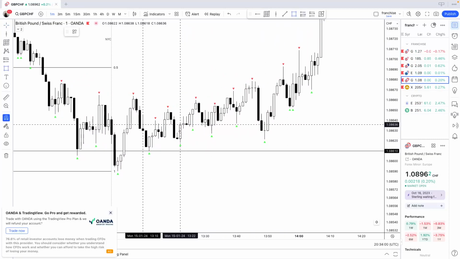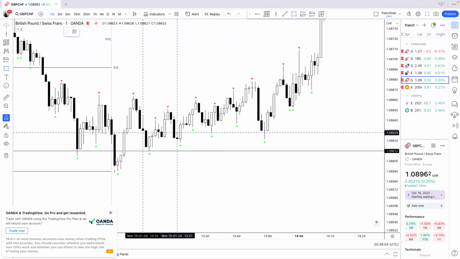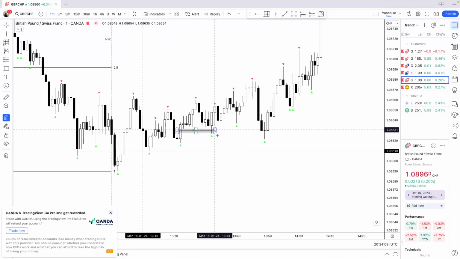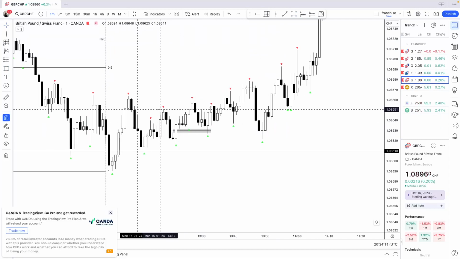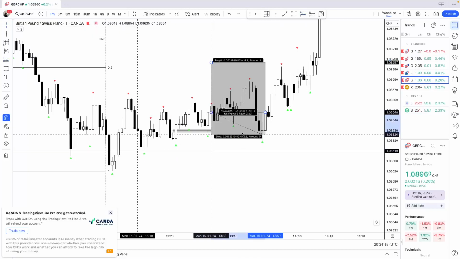Price looks like it used an old fair value gap. So it uses this fair value gap after breaking structure right there. Entered after displacement, so you would have entered there. And then you could either put your stops here.